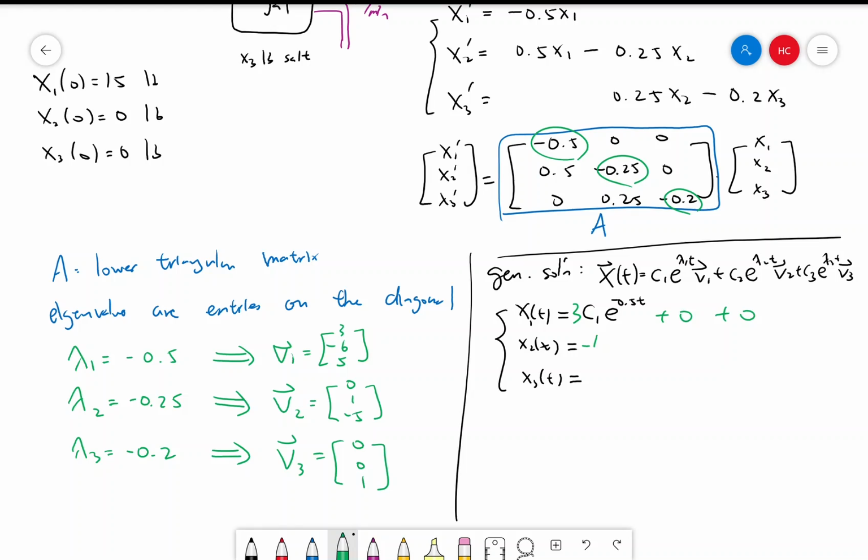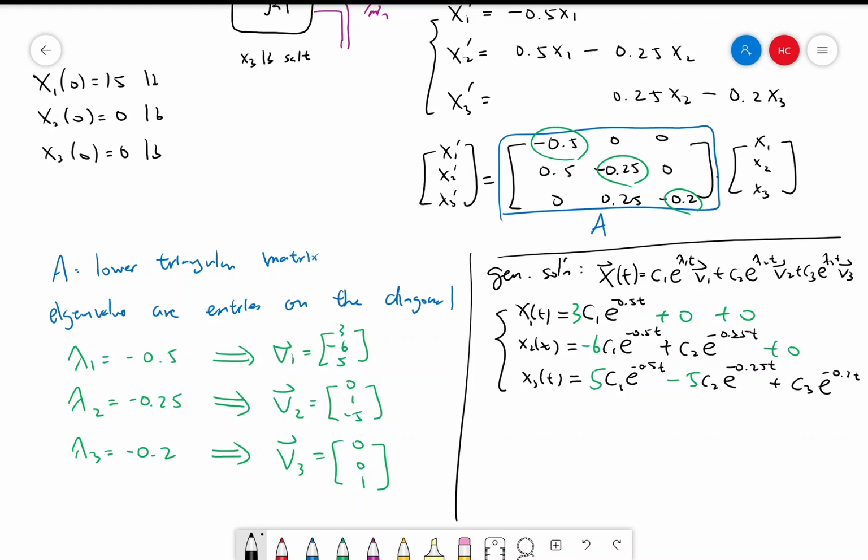So x2 is negative 6 c1 e to the negative 0.5t plus 1 times c2 e to the negative 0.25t plus 0. And x3 is 5 times c1 e to the negative 0.5t, plus negative 5 c2 e to the negative 0.25t plus 1 times c3 e to the negative 0.2t.